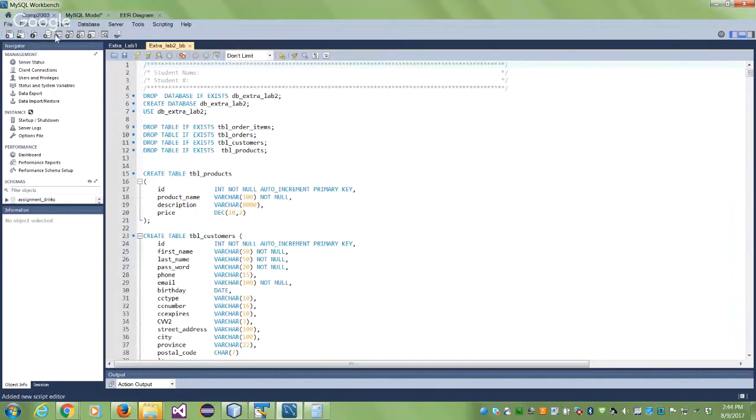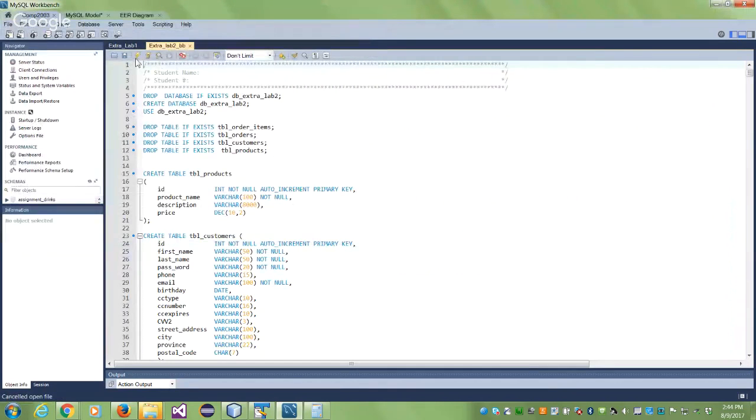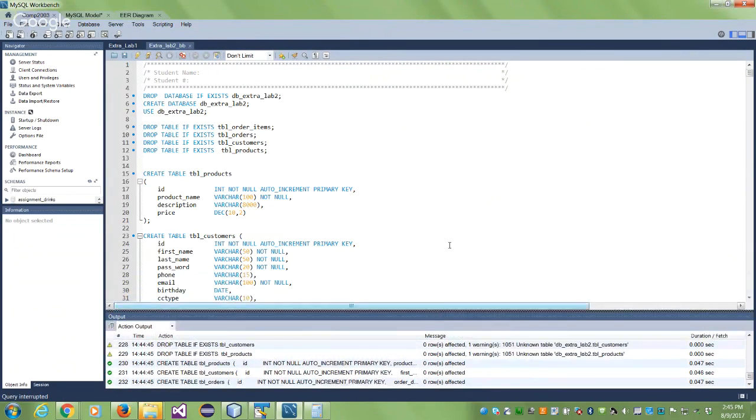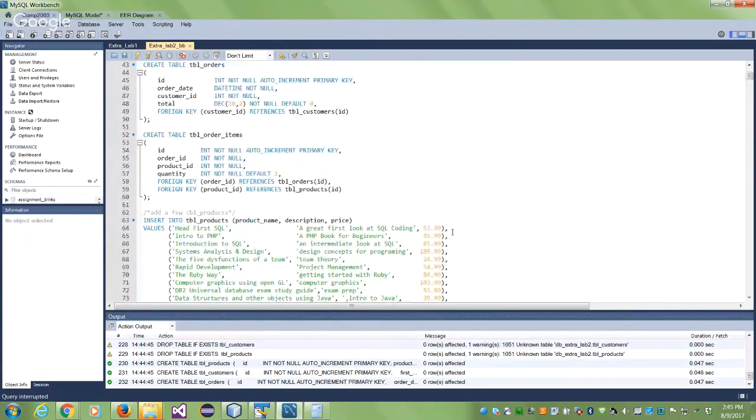So do you see again some errors here? Yeah, query was interrupted. Incorrect value for column birthday at row 1. MMYY. That's really silly.